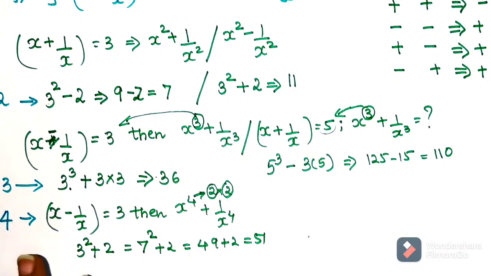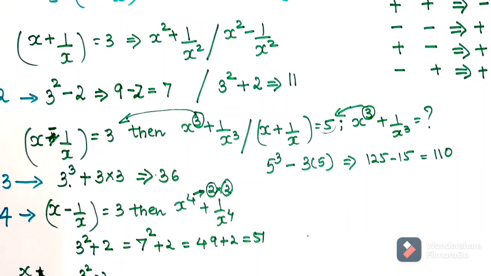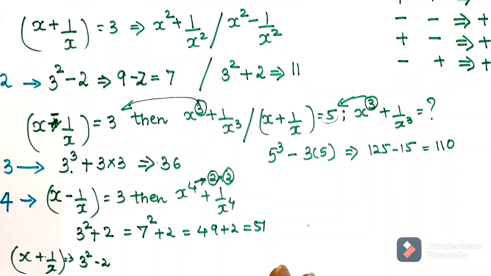Now instead of this being a minus, if this was a plus, then what would have happened? I'm just going to write it down for your understanding. For x plus 1 upon x equals 3, in that case we would do 3 square minus 2.